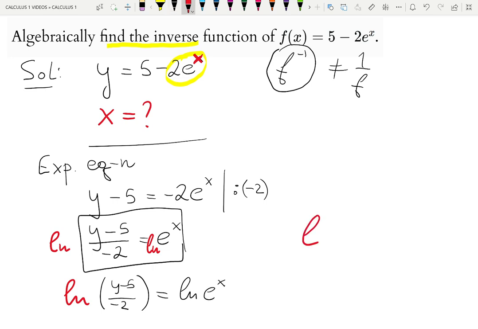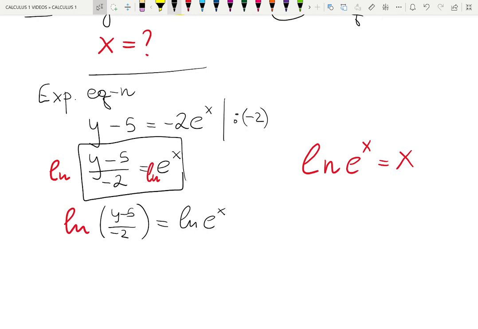Based on the properties of logarithm and exponential functions, ln undoes the exponential function e to the x, and the answer is just x. So we have the solution: x equals natural log of y minus 5 divided by negative 2.